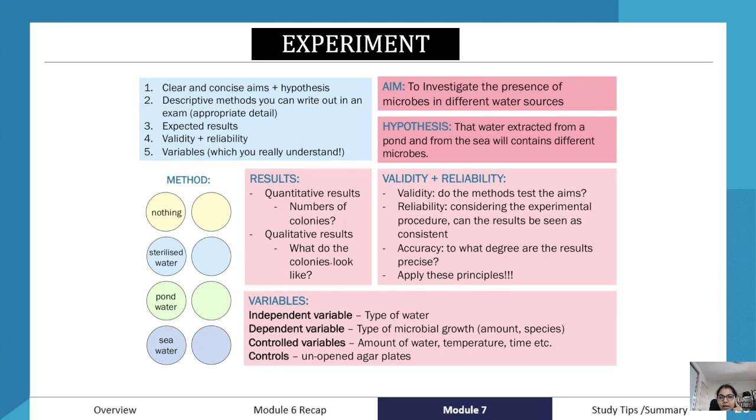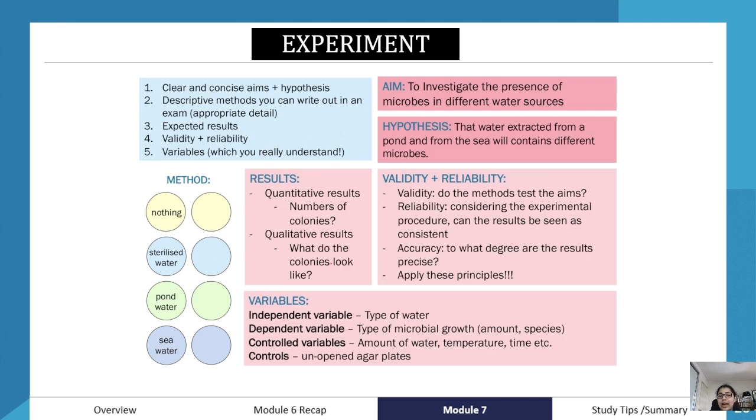But when it comes to experiments, you want to have clear and concise aims and hypotheses. So the aim: what are we investigating? Then the hypothesis: what will happen? What will we see? Then your descriptive methods you can write out in an exam.